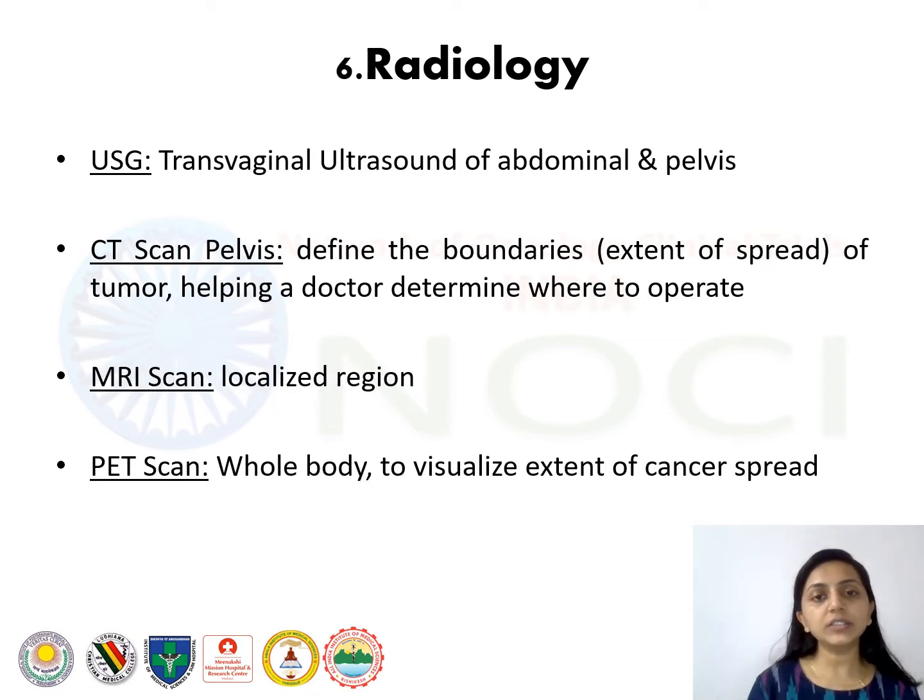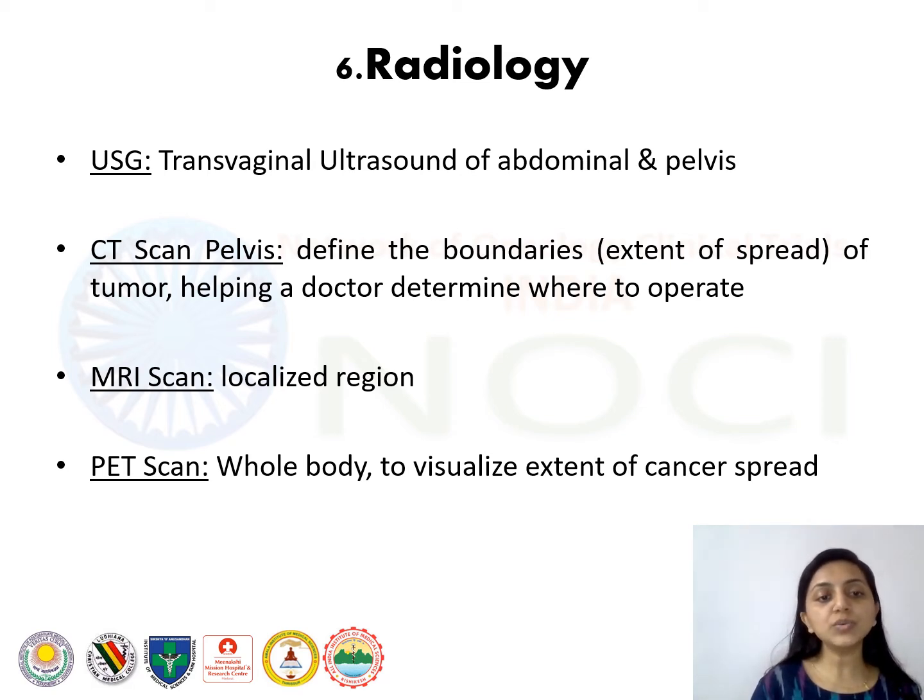We have certain radiological investigations that help us to diagnose ovarian cancer, which includes ultrasound of the abdomen and pelvis. It is the transvaginal ultrasound which is preferred, in which an ultrasound probe is inserted into the vagina and a detailed study of the uterus and the ovaries is done.